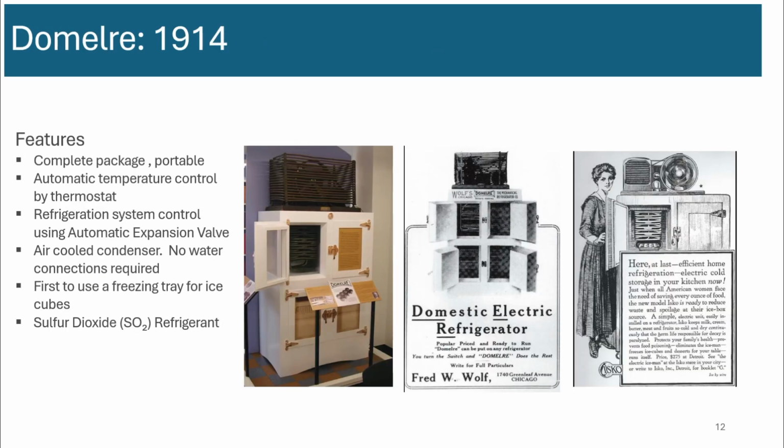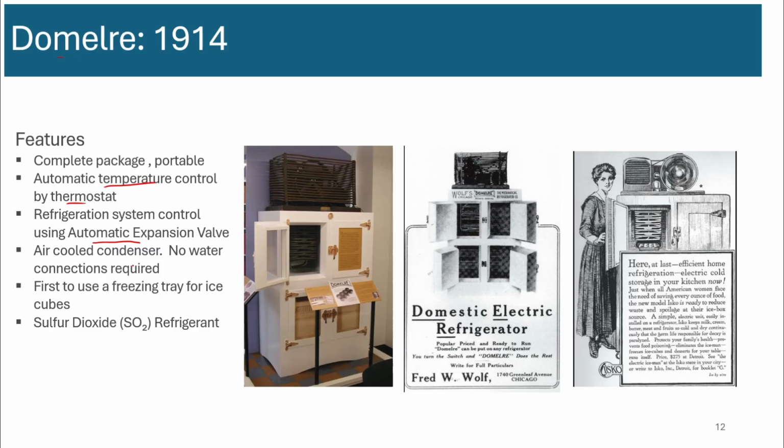So these are some pictures of these early refrigerators. This one is the very first refrigerator in 1914, invented by Fred Wolf. The details are here. It had a temperature control thermostat. It also had an automatic expansion valve for the expansion process.